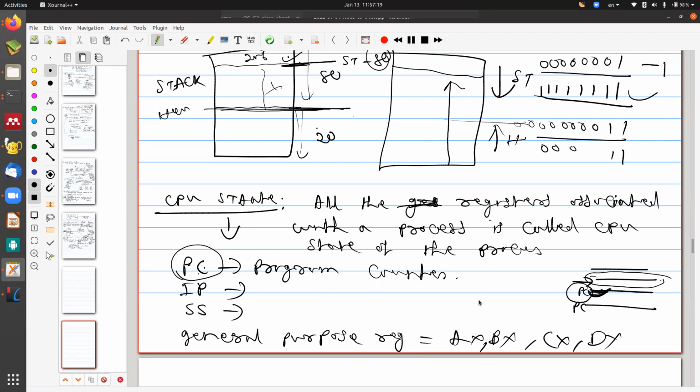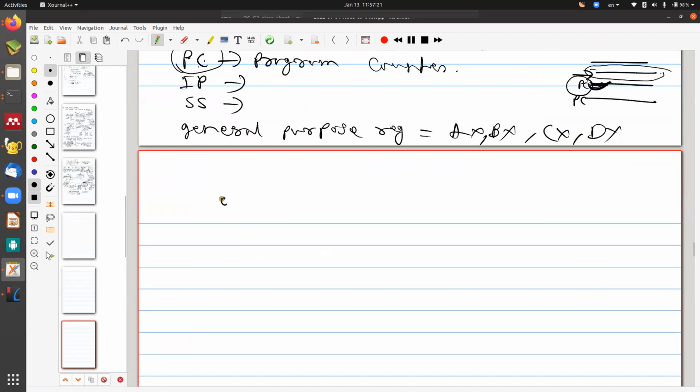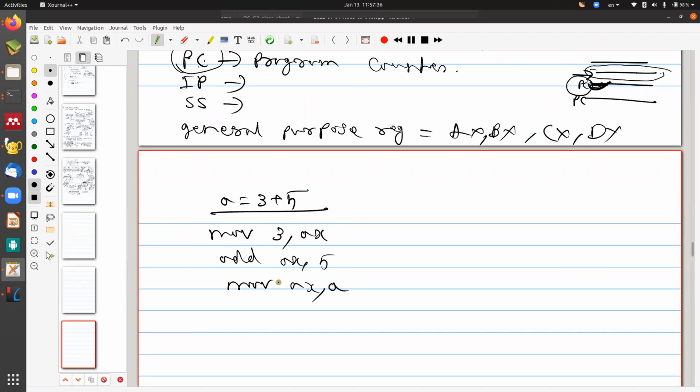Suppose I am writing a equal to 3 plus 5. How is it written? Move 3 to x, add x comma 5, then move x comma a. Similarly, there is one more program, b equal to 9 plus 6.